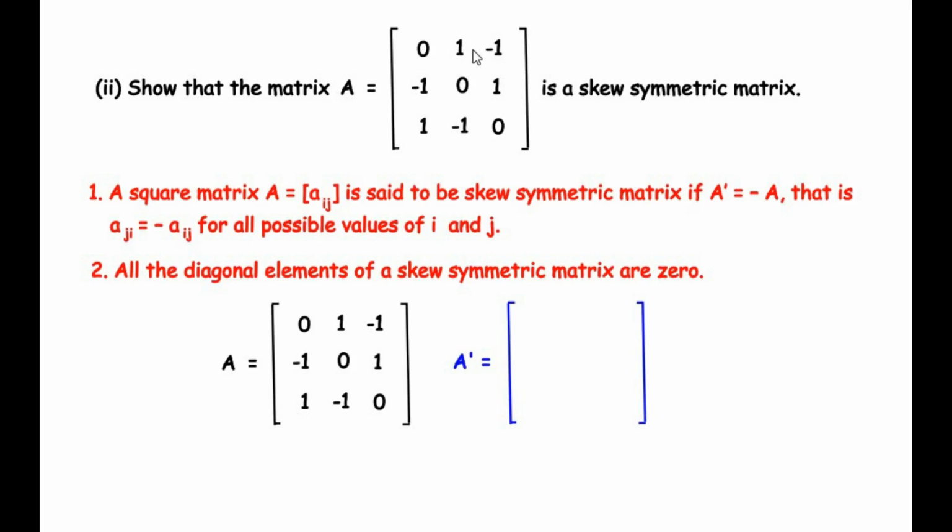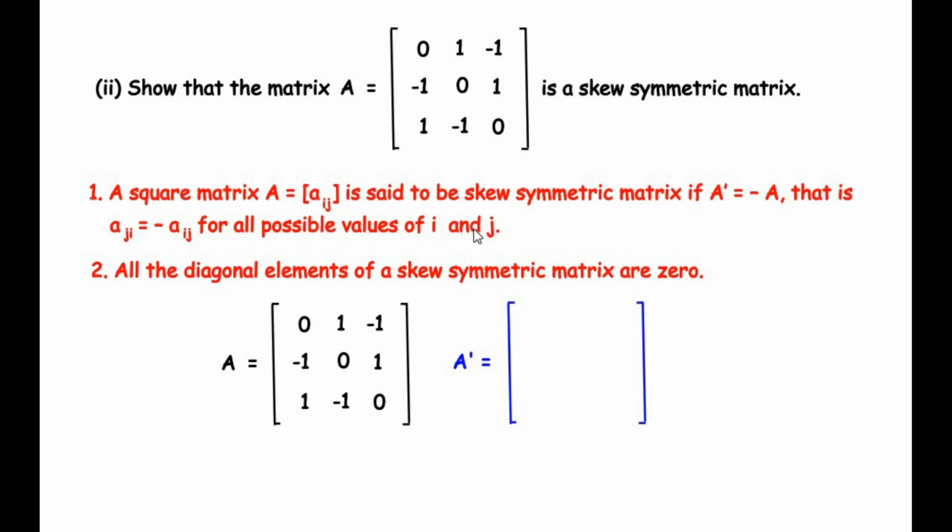For example, here we have a positive 1, so A transpose should have a minus 1. Here it is minus 1, so the A transpose element should be plus 1. So that is the first condition. And the second condition is that all the diagonal elements of a skew symmetric matrix are 0.